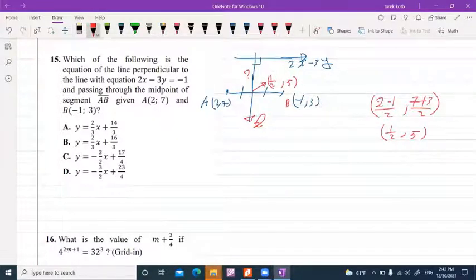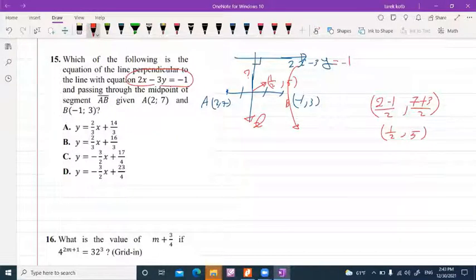What about the slope of this line? The slope of the line L is perpendicular to this slope. So if I rearrange this equation to get the slope and flip it, you can get the reciprocal of this slope. So let me arrange this equation. This is 2x minus 3y equals 1.